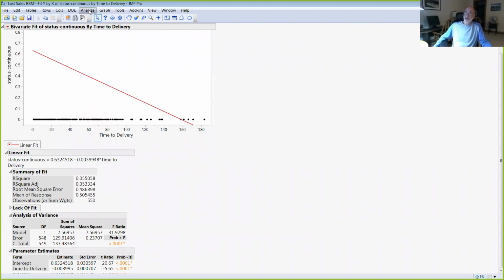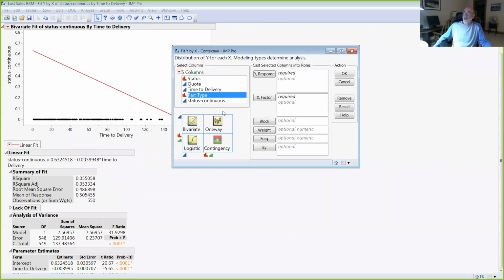For that matter, we could investigate the other two variables. Whether or not we win the order, is it affected by the price, and also by which part type?